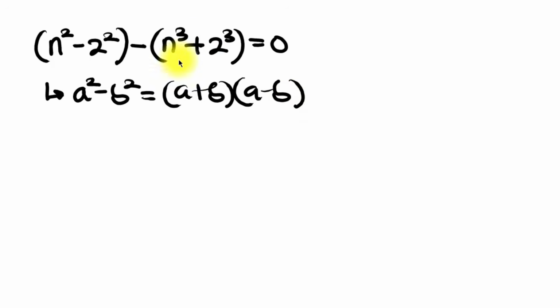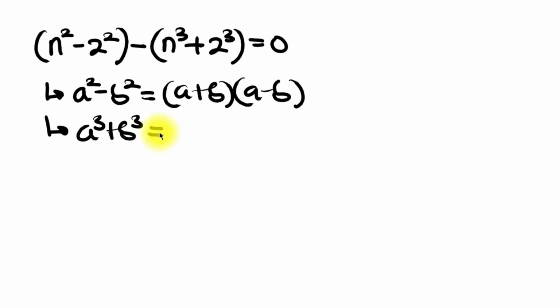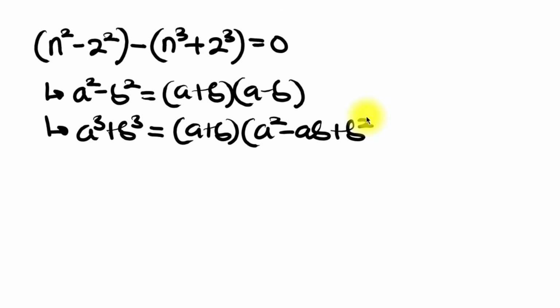And for the sum of two cubes, the identity is a cubed plus b cubed is equal to a plus b times a squared minus ab plus b squared. Good. Now, if we compare, our a is n and our b is 2, right?